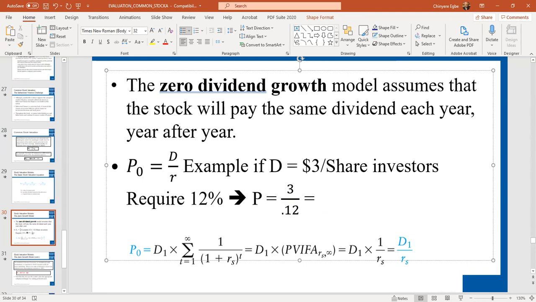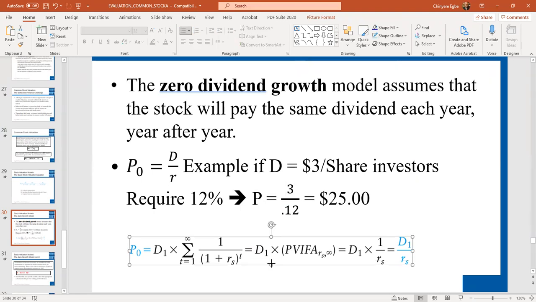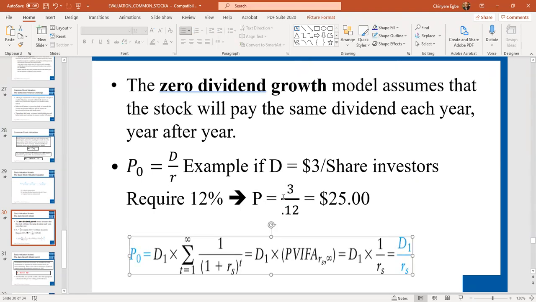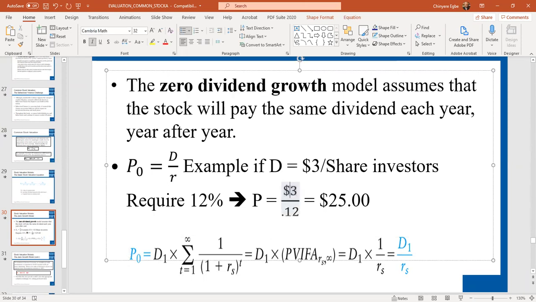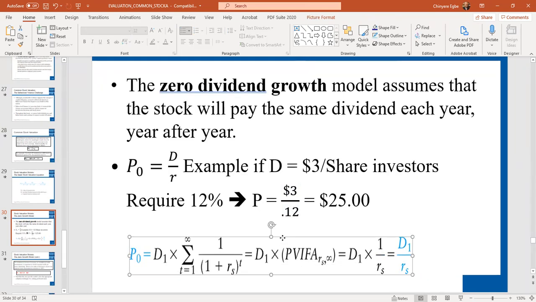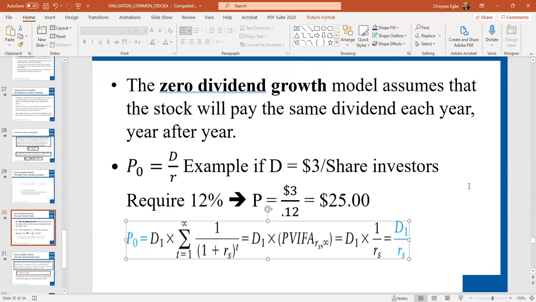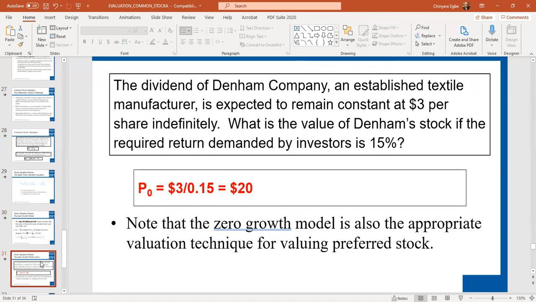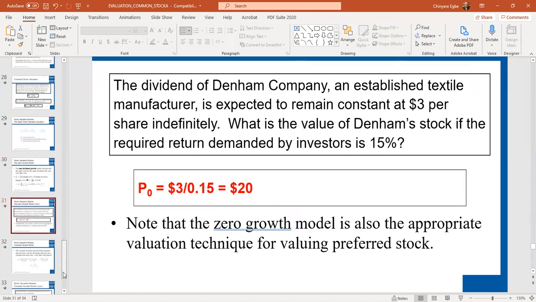That will be $25. Okay, 3 divided by 0.12 gives you $25. So you assume that this $3 dividend will be the same forever. It will not grow, it will not change. It will just always be the same.